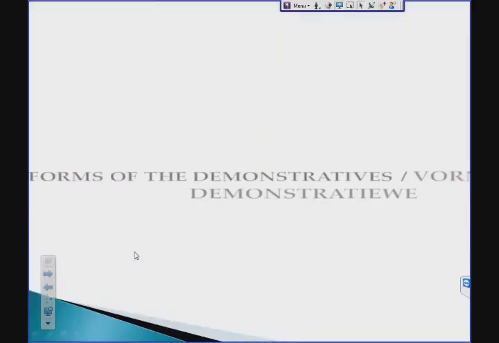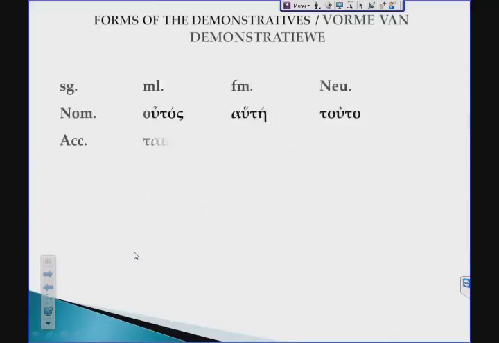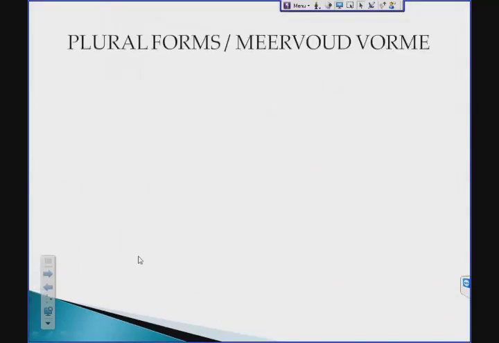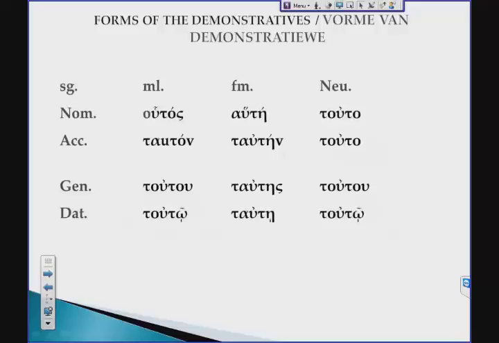Now, the forms of the demonstratives, this is something that you have to go and learn. Very, very important. In all the cases, nominative, accusative, genitive, and dative, in the masculine, the feminine, and the neuter. We have them covered, all of them.